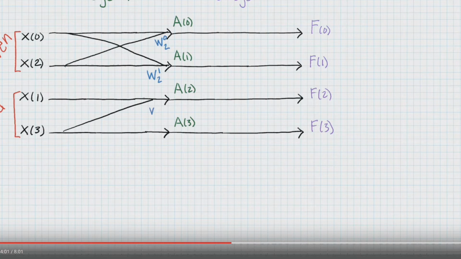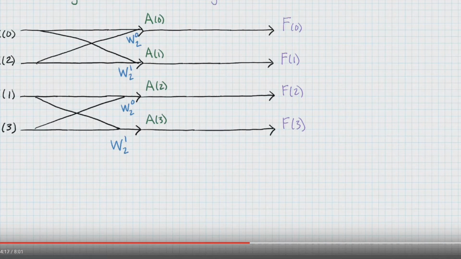We'll have W of 2, 0, going down for the 3, W of 2, 1. Simple enough. So once we have our actual output, we can't forget to put these arrows in, guys. It shows that you can only travel in one direction.